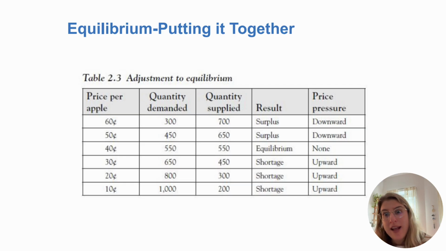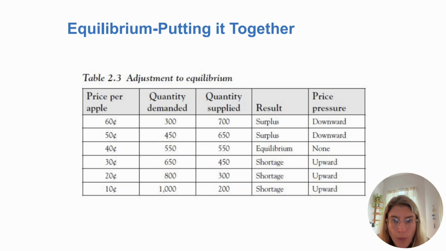So we see at 60 cents, the quantity demanded is 300, and the quantity that suppliers would supply is 700, and this would result in a surplus of apples. When there's a surplus, prices face downward pressure because sellers want to get rid of their excess stock, so they're going to decrease the prices for their apples.